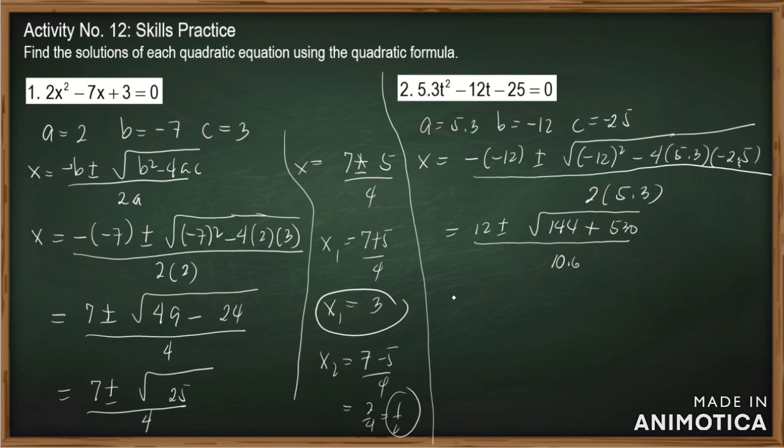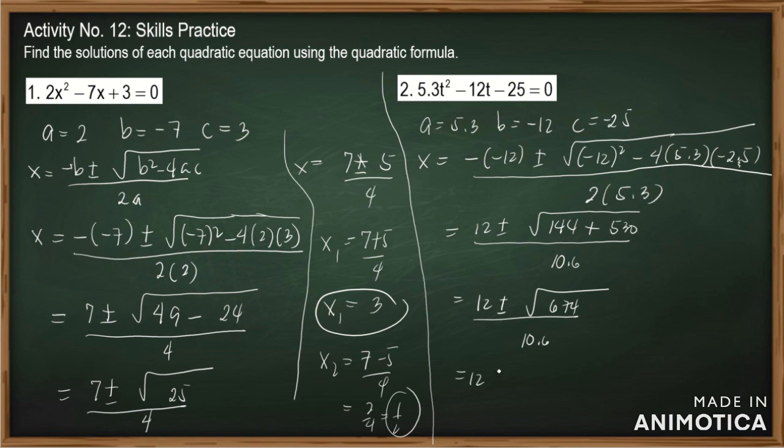Then we have 12 plus minus the square root of 144 plus 530, which is equal to 674 over 10.6. Okay. So we also have here the option of getting the exact value of the radical.